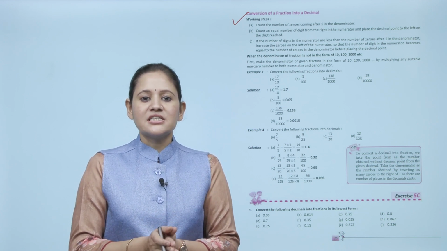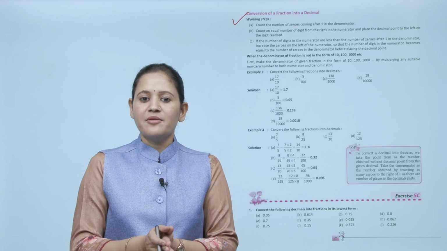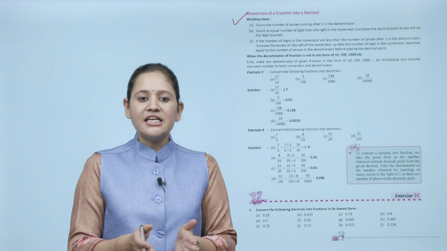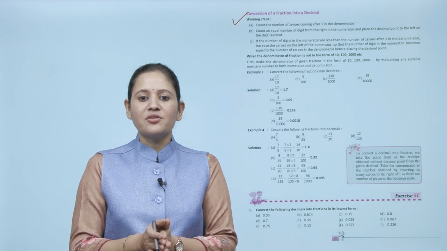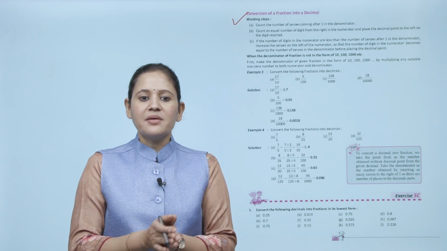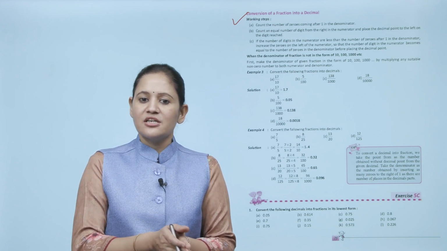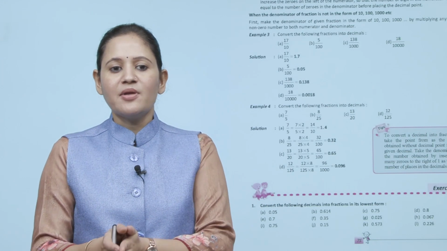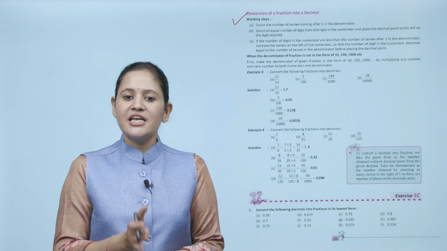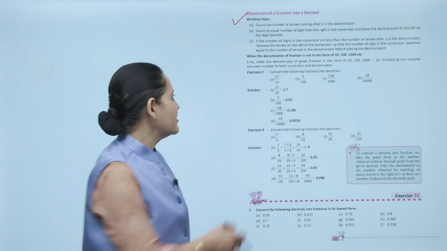If the number of digits in the numerator is less than the number of zeros after the 1 in the denominator, add 0s to the left of the numerator, so the number of digits in the numerator becomes equal to the number of zeros in the denominator before placing the decimal point. When the denominator of the fraction is not in the form of 10, 100, 1000, etc.